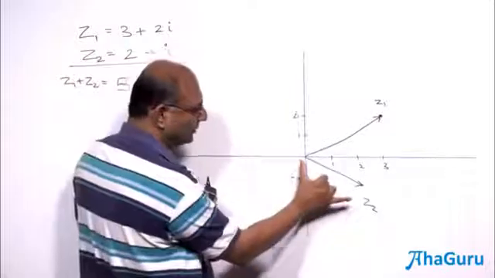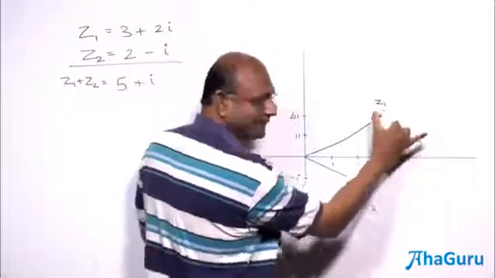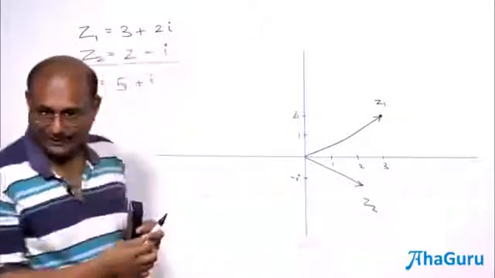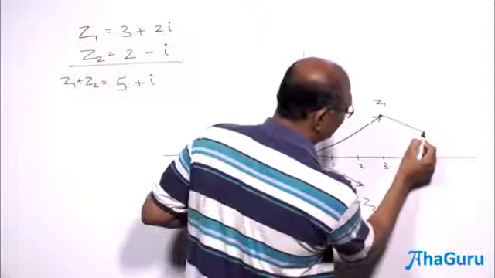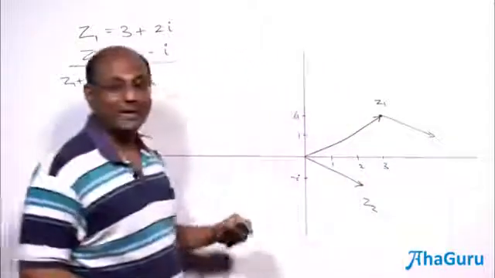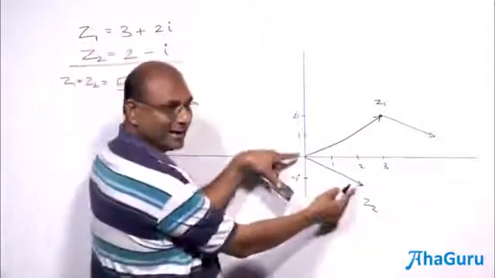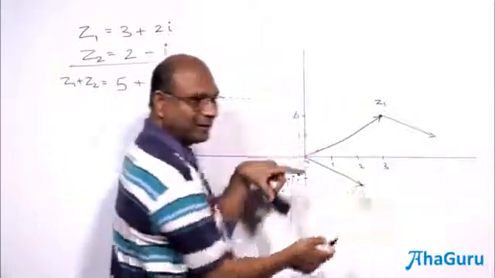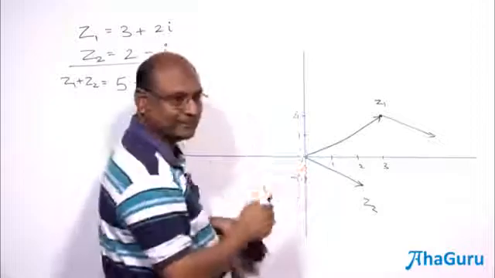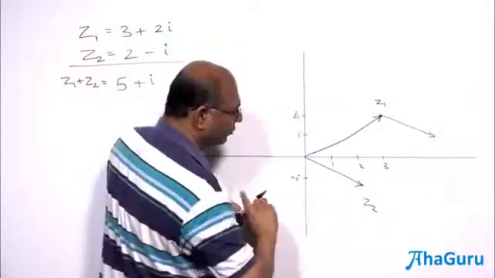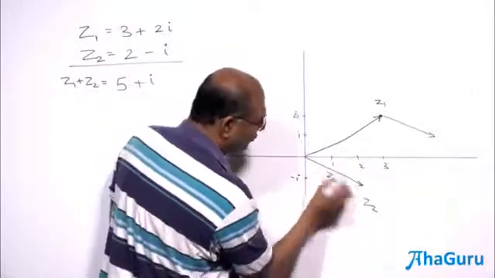You understand what I'm asking you to do? Just take this and put it in that way. That's exactly what you do for vectors. So if I move this parallel to itself, where do I land up? So this thing as an arrow is equal to that. That point is not Z2. Z2 is only if you go from the origin. But I am asking you to move the Z2 vector.